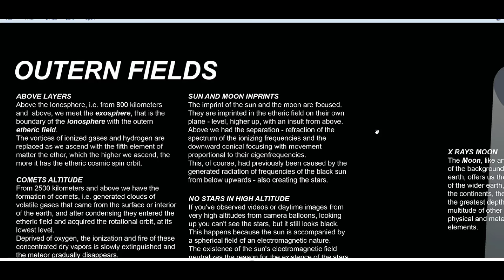Above we have the separation, refraction of the spectrum of the ionizing frequencies and the downward conical focusing with movement proportional to the frequencies. Okay, we have to see the map in the previous books to understand this. When you have the reflection and refraction, the sun and the moon are imprinted, but it's a reflection of conical shape form, which then gets reflected back.